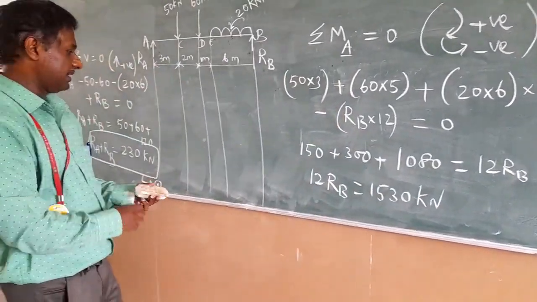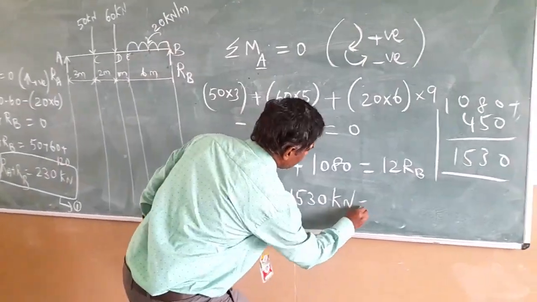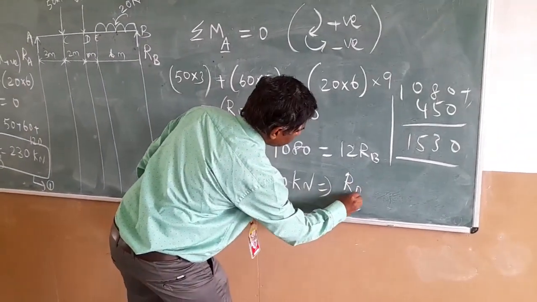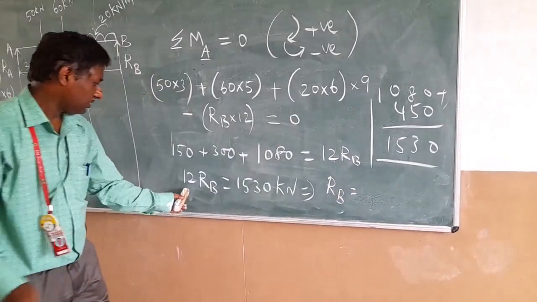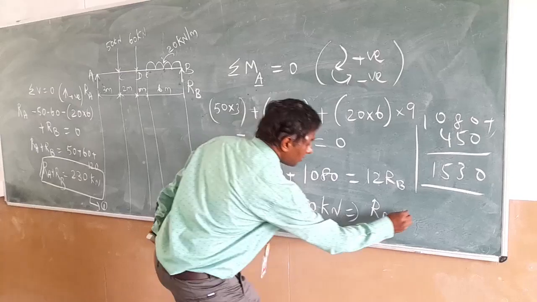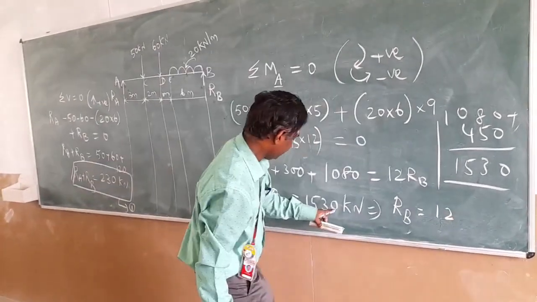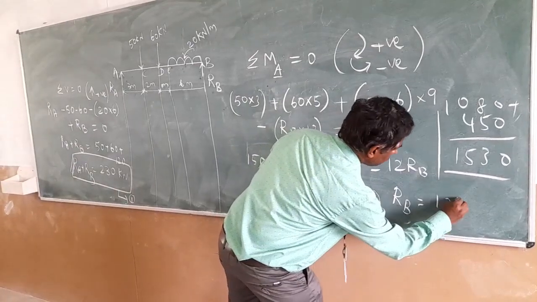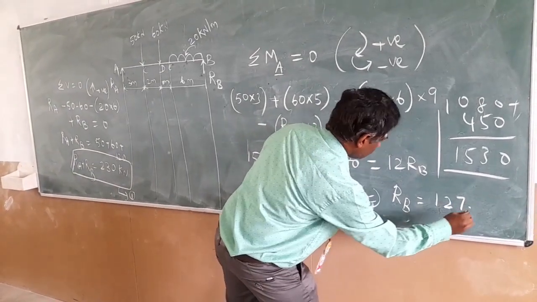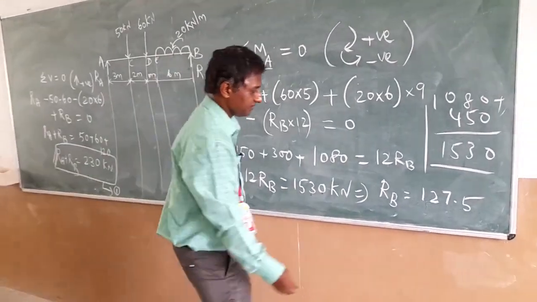And what is the RB value alone? RB equals 1530 divided by 12, that is 127.5 kN.